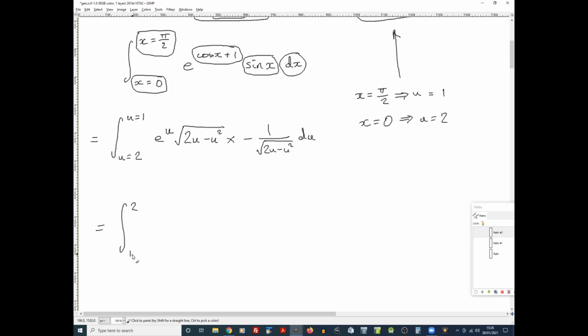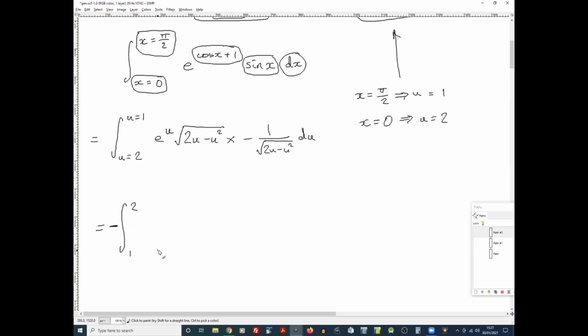If I change the 1 and the 2 there, to go from 1 to 2 instead of 2 back down to 1, what's the effect of that? We'll get a positive outcome at the end instead of a negative. In other words, these are the negative of each other. So if I swap these numbers round, I really want to put a minus sign before the integral.